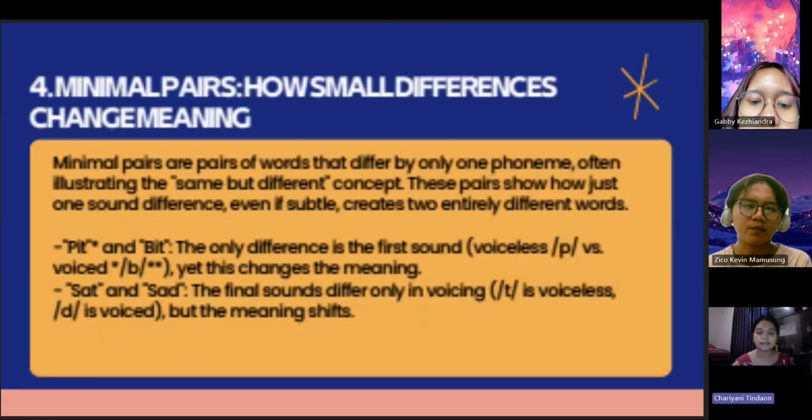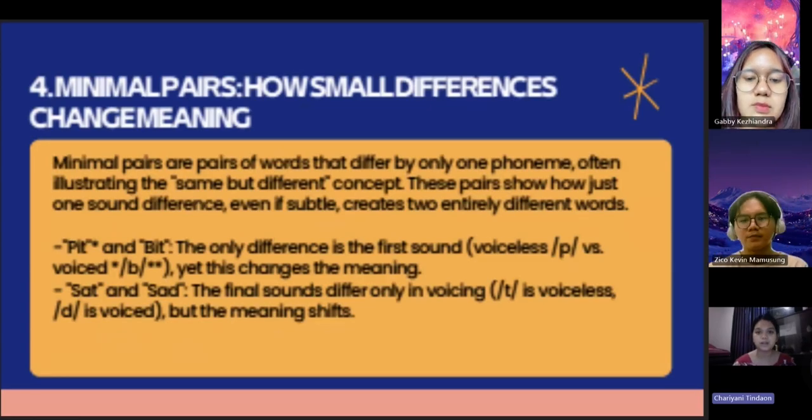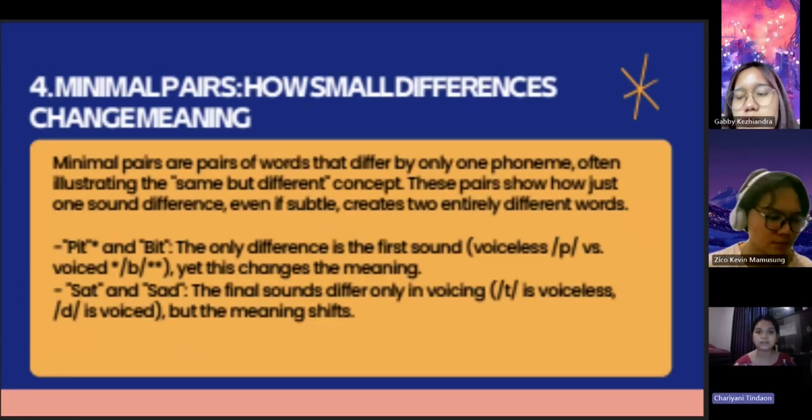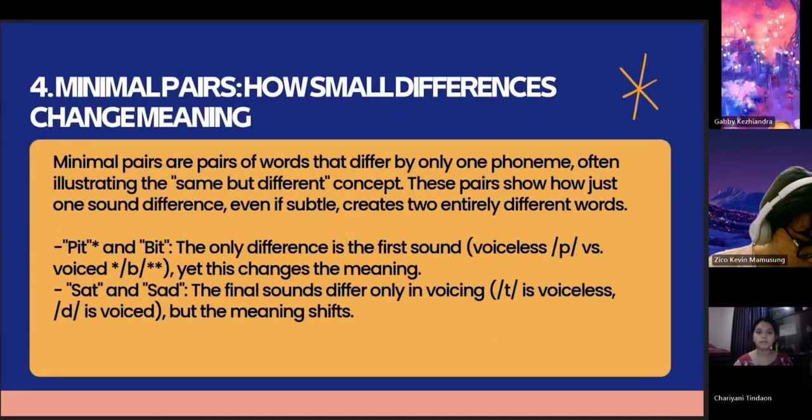And the next is minimal pairs, how small differences change meaning. Minimal pairs are pairs of words that differ by only one phoneme, often illustrating the same but different concept. These pairs show how just one sound difference, even if subtle, creates two entirely different words.